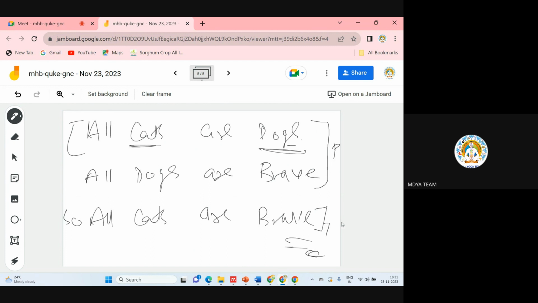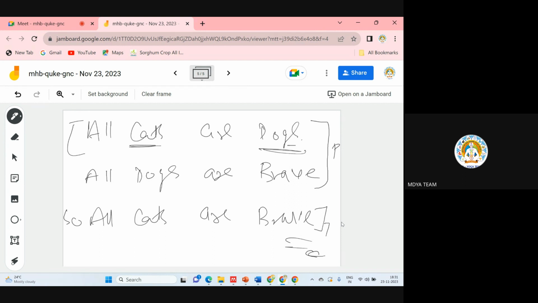These are known as premise statements and this is known as the conclusion statement. A categorical proposition is a very well defined deductive argument. Deductive argument can be anything; you can give any premise, any number of conclusions.